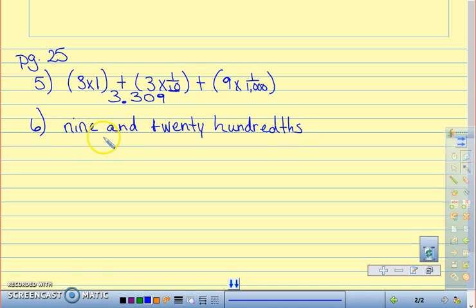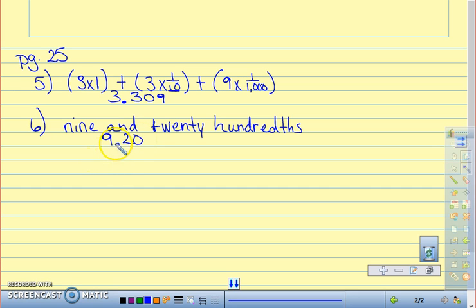So of course I have the number 9. Now it says I have 20 hundredths, so does that mean I have any tenths? I do not have any tenths. Oh, excuse me, I do have tenths. We are just writing it like this. And the only reason we have 20 is because we put a 0 at the end.